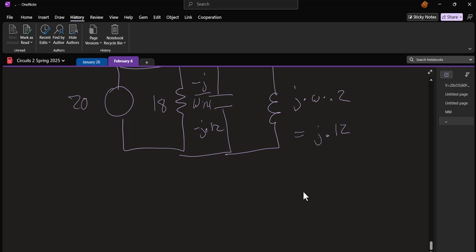But if I did 1 over 1 over 18 plus 1 over minus J 0.12 plus 1 over J 0.12. You remember that formula for doing things in parallel? 1 over, 1 over.